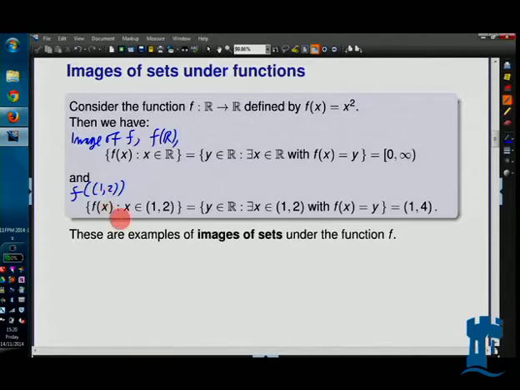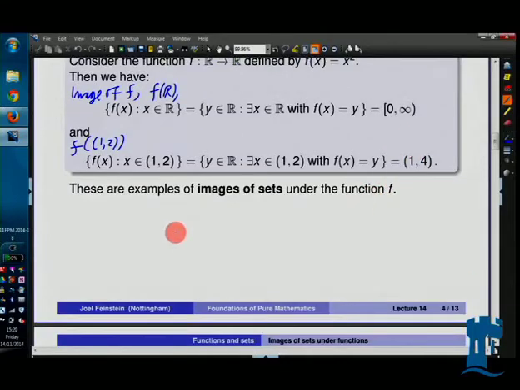It's the set of all things you can get to if you start in the open interval (1, 2) and you square. Or the set of real numbers y where there's something in (1, 2) which when you square it, you get y, which is just (1, 4). So if you square everything that's strictly between 1 and 2, you get the real numbers strictly between 1 and 4, so that's easy enough to check. And these are examples of images of sets under the function f.